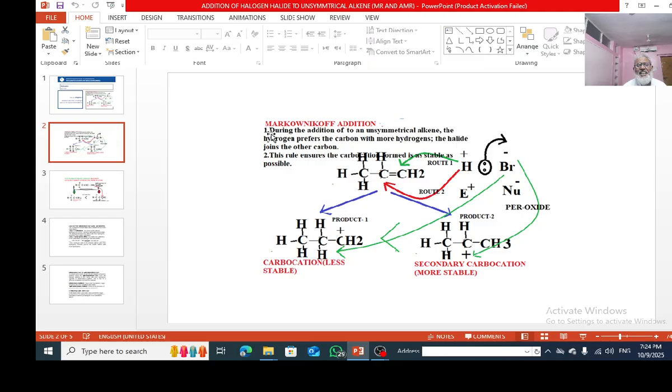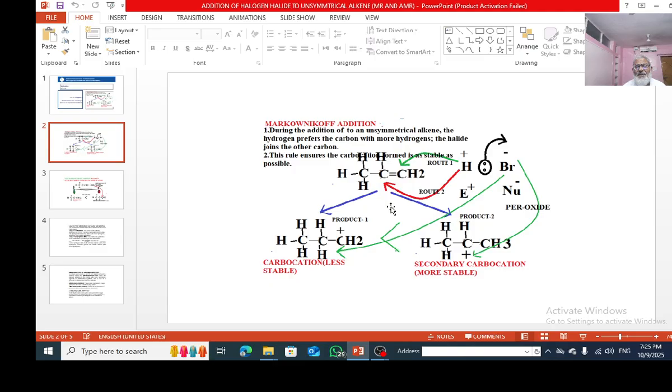And number 2, this rule ensures that the reaction proceeds through the carbocation. Let me explain in detail. This is propene, CH3CH=CH2, and here is the halogen acid HBr.